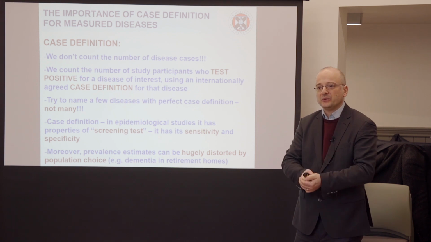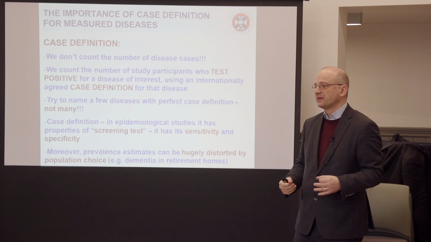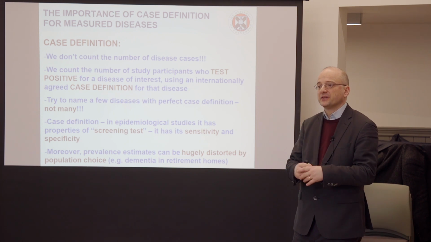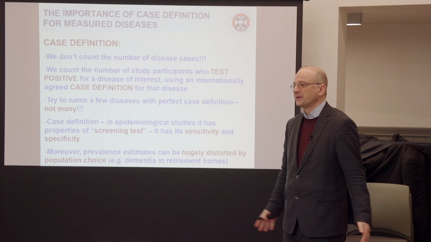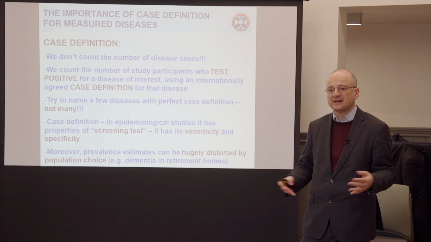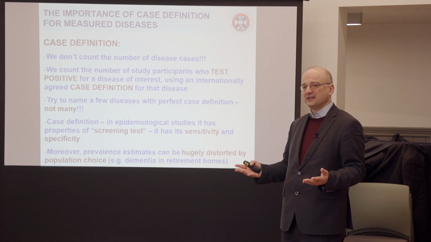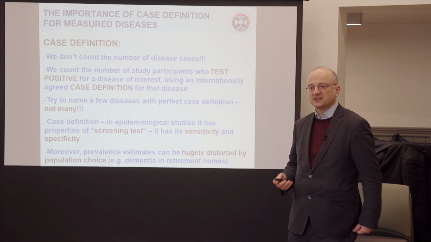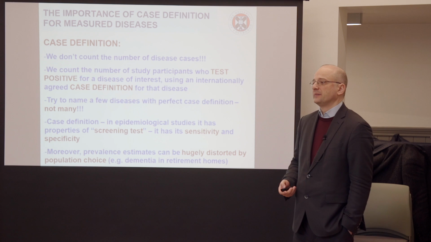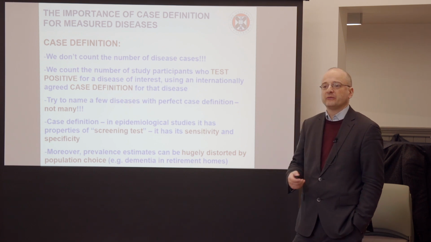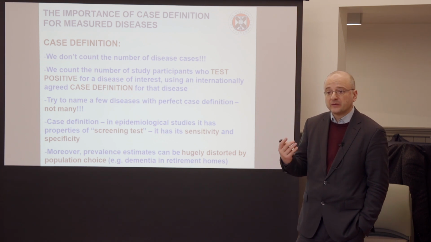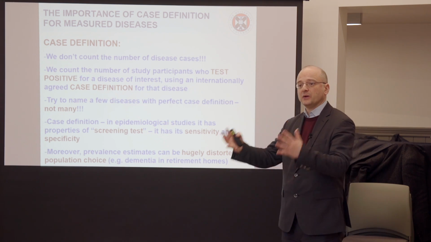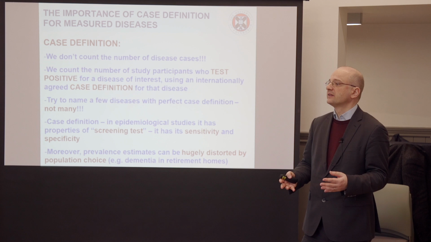If you want to test for the prevalence of dementia in the population, don't go to retirement homes, although that's the most logical place to go. All the people are there, dementia is a disease of old age, so why not just go to a retirement home and measure the prevalence of dementia there, because there you will find some dementia cases. The trouble is you're going to find way too many of them, because if someone already has dementia, their carers and family are almost certainly going to try to place them in retirement homes.